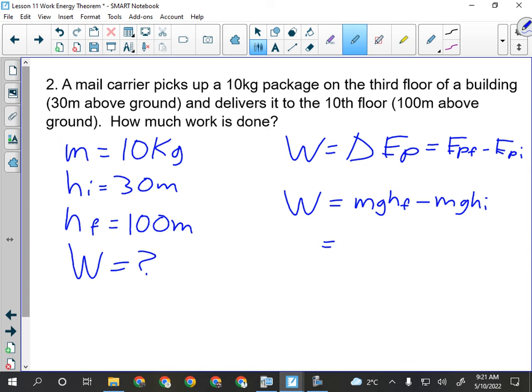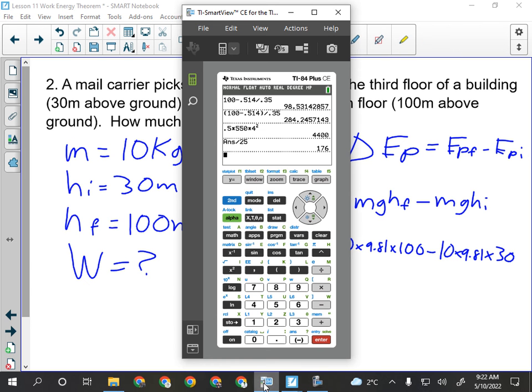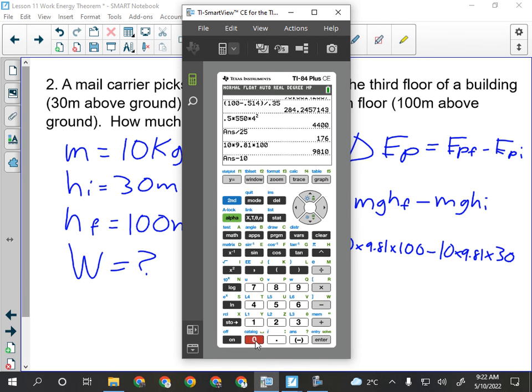So this will be 10 times 9.81 times 100, that was my final height, minus 10 times 9.81 times 30, the initial height. That's going to require 6,867 joules worth of work.